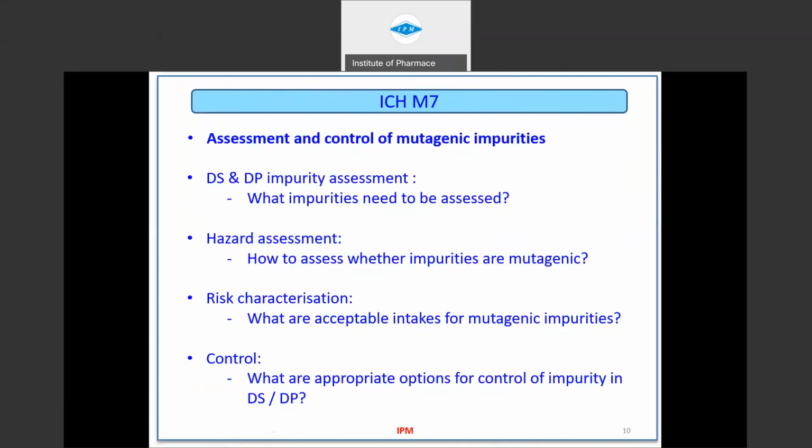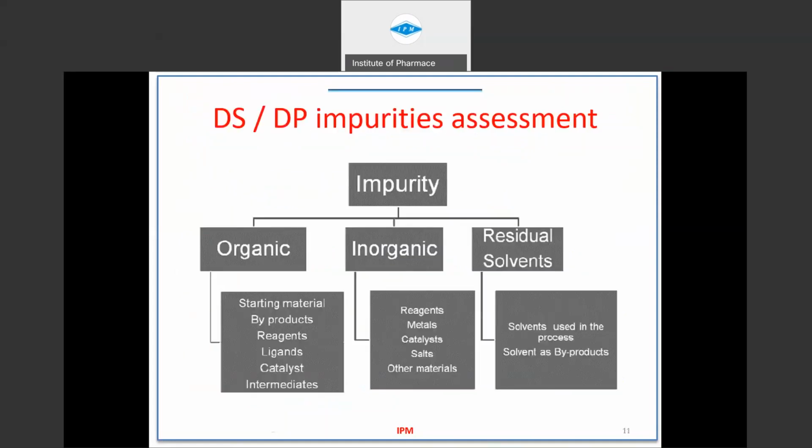Then in risk characterization, we'll see what are the acceptable intakes. And in control, as I talked earlier, we'll talk about the various types of controls that we can have.